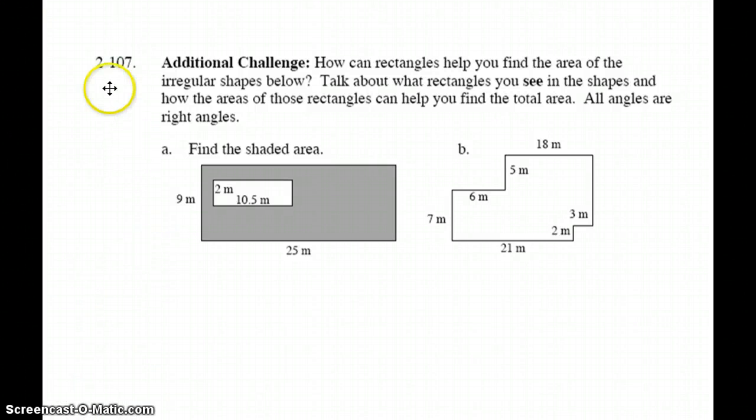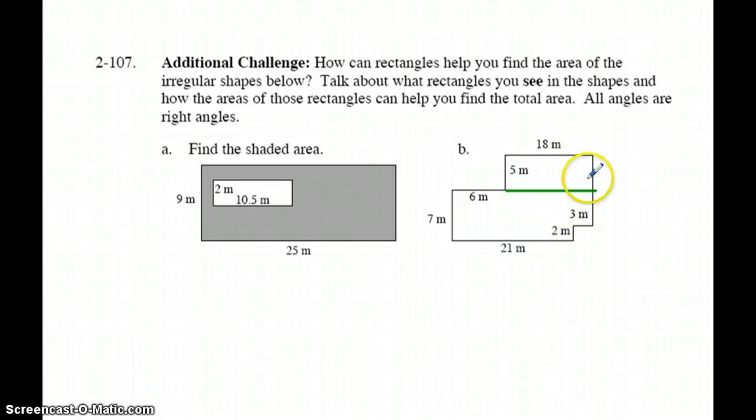Another problem that I would like you to do is this 107. It's a little bit of a challenging problem, but it's also something that you need to think about and work in your groups to find the answer to. The area here would be taking this rectangle and subtracting something off of it, and then using your pencil to divide this one up into multiple rectangles and finding the area of the whole thing.